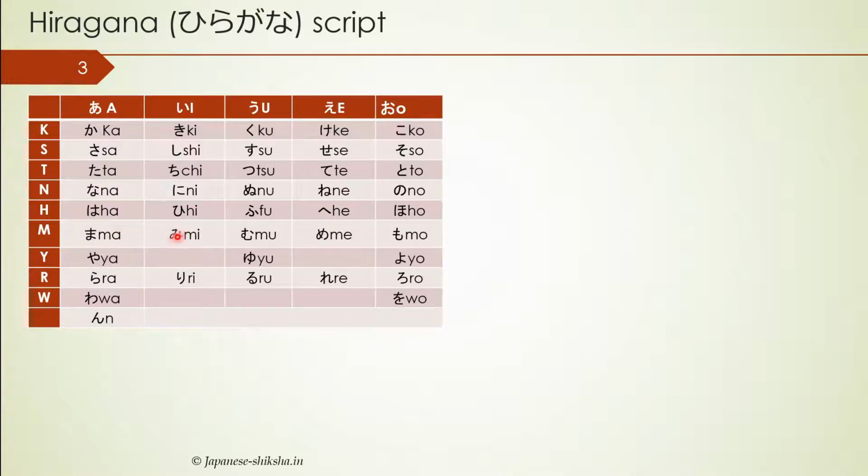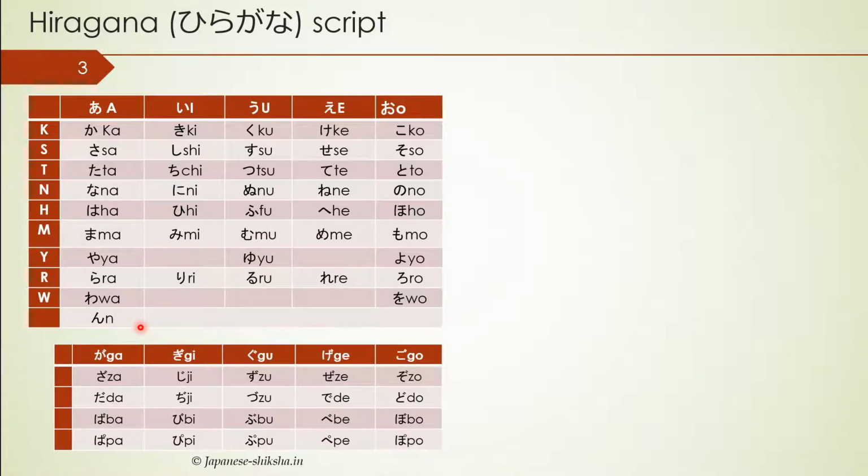Ma, mi, mu, me, mo. Ya, yu, yo. Ra, ri, ru, re, ro. Wa, wo. Okay, fine up to this point.